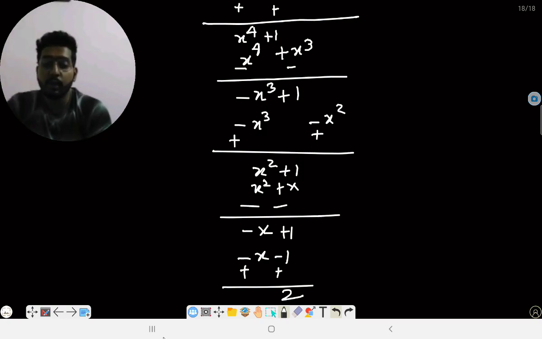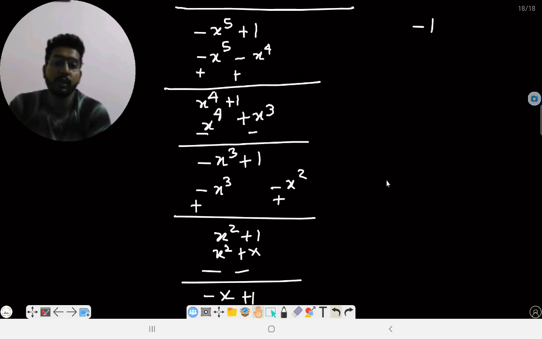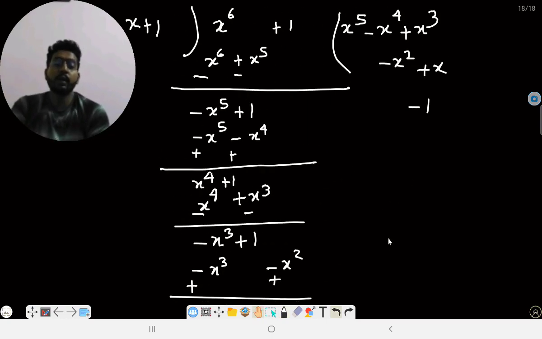And the quotient, what is the quotient coming here? Quotient is coming here like this: x to the power 5 minus x to the power 4 plus x cube minus x square plus x minus 1. Now, so what does it mean?